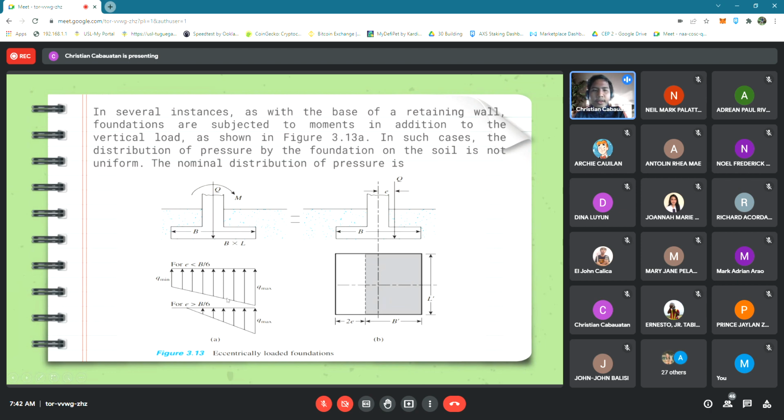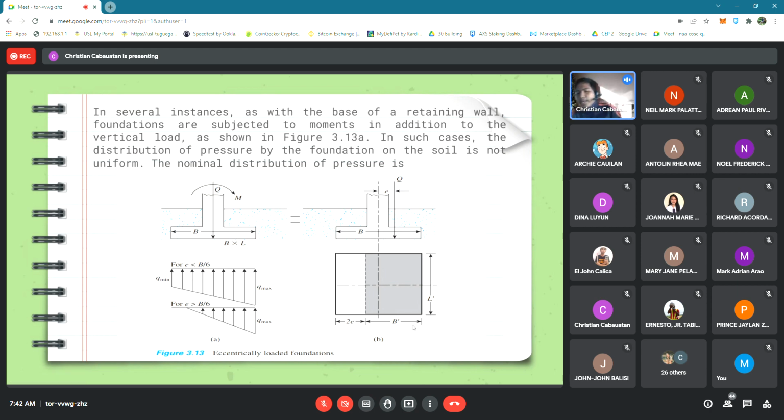For letter B, there is a vertical load at a distance e from the center of the foundation, which is the eccentricity. If we see the distribution in the top view, you can see that the width is not the whole B now.